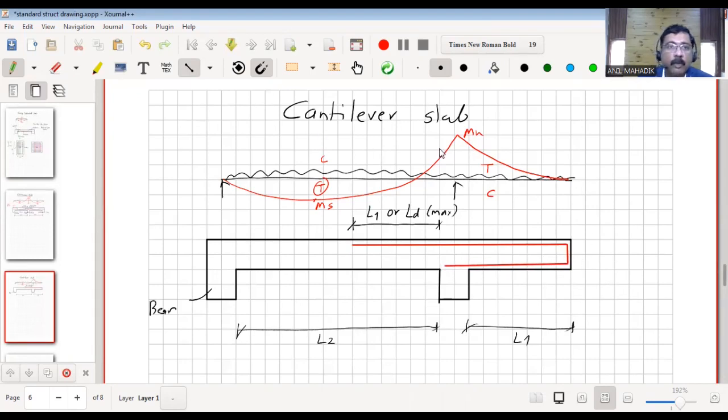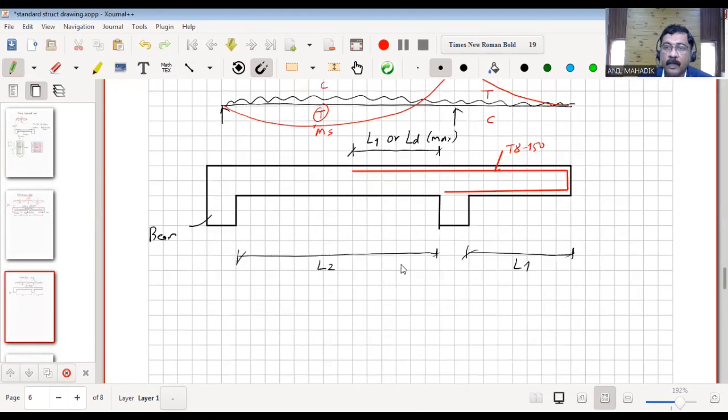For example, I will show you what I mean. Let's say our requirement as per the design is T8 at 150. So how will I provide this T8 at 150? Here I will provide this bar. This will be T8 at 300.